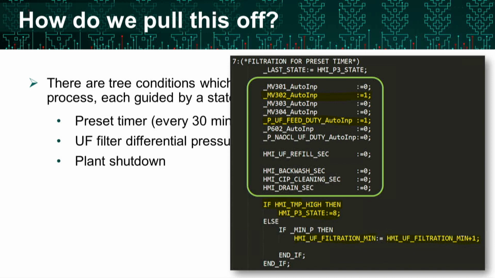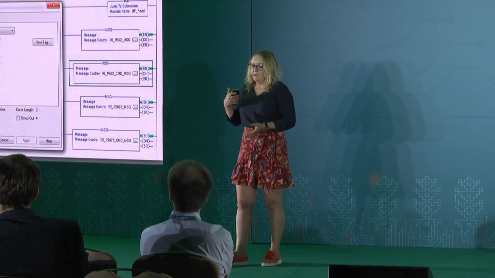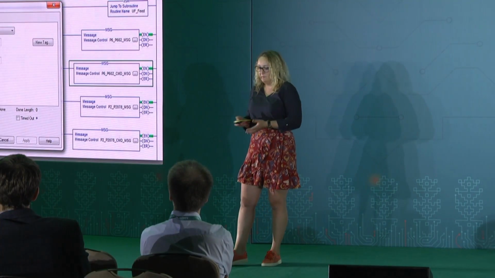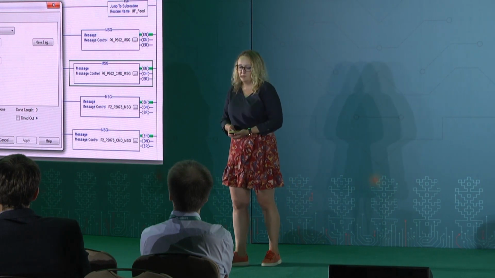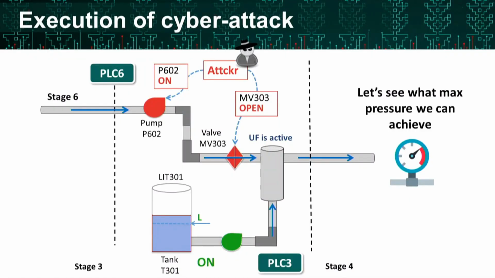You really need to go and grab the control logic. And because two stages are involved, you will need to pull the control logic from two PLCs, find all the necessary flags, and defeat all the necessary conditions. It's a complex attack, which is not part of this discussion. But the point is that eventually we will be able to successfully execute the cyber attack, and both of these flows are now flowing through the filter.